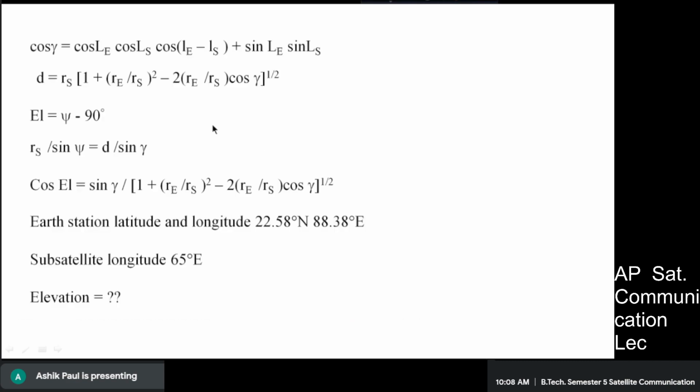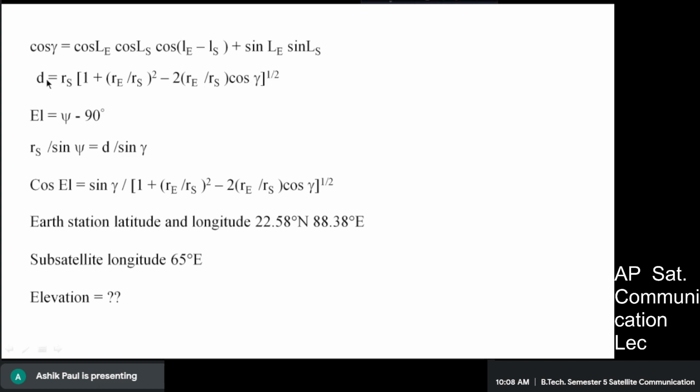So this is how it is expressed. That means d squared can be expressed as rs square plus re square minus 2 re into rs cosine of this angle gamma.